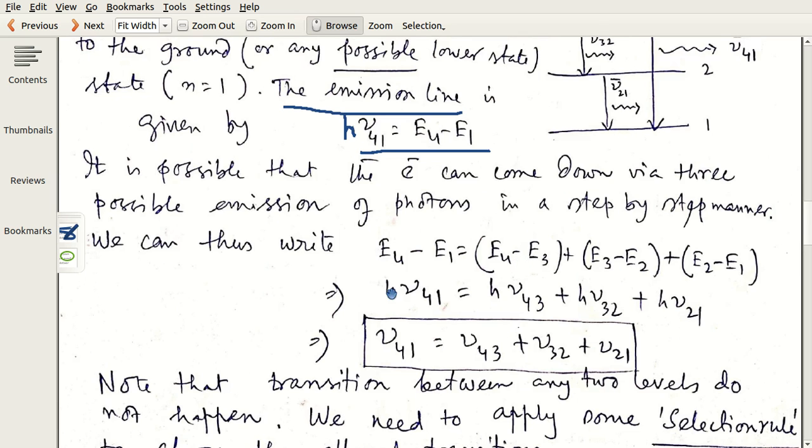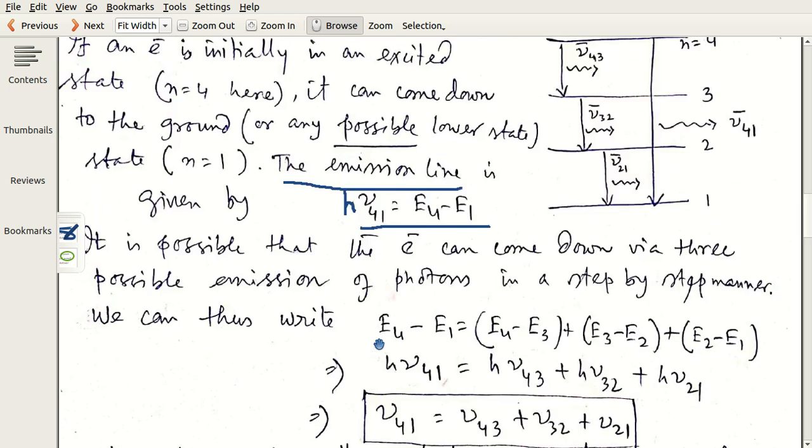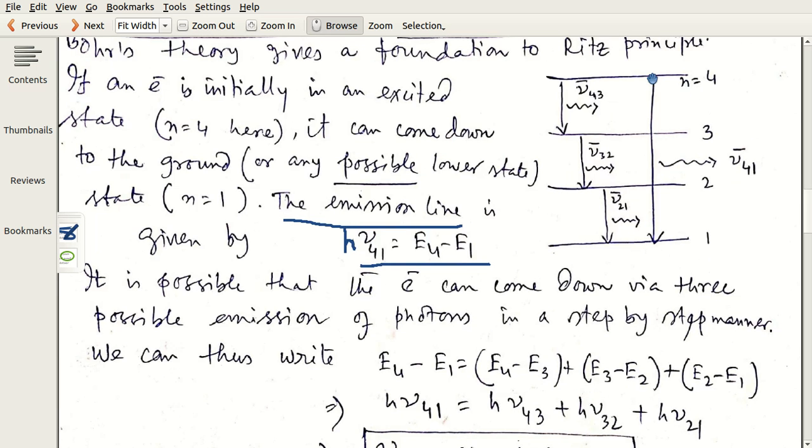So, you write the relation between the frequencies, whether the transition takes place directly from 4 to 1, or it takes place via some intermediate steps.